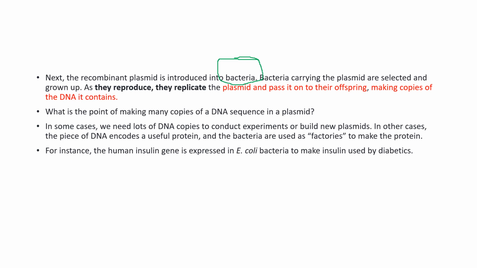The insulin gene is isolated from the human being, then cut and pasted into the plasmid DNA of E. coli, which replicates to many copies of this DNA, and then it is expressed inside these bacteria to make the useful insulin, which is used for treatment of insulin-dependent diabetes.